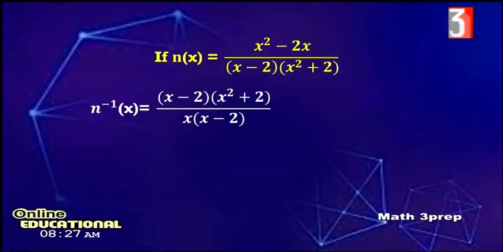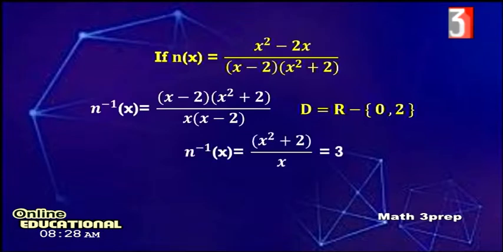If the algebraic fractional function has a multiplicative inverse, the domain must be taken for both the numerator and the denominator, as it is reversed. So we can say that the domain is all the set of real numbers except 0 and 2. Then after reducing, n inverse of x will be x squared plus 2 over x.